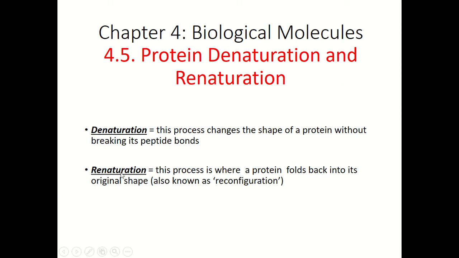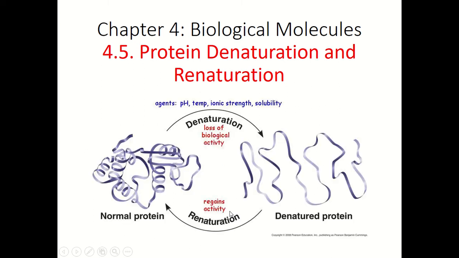Meanwhile, renaturation is the vice versa of the denaturation process, in which we want to fold the protein back into its original shape. Okay, meaning to say from a single chain of amino acids, we want to make it fold back into secondary, tertiary, or quaternary structure.